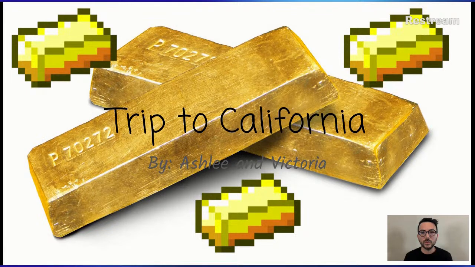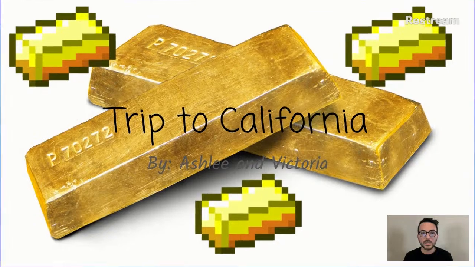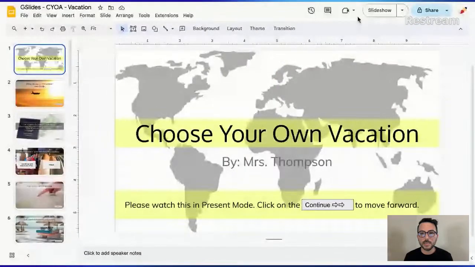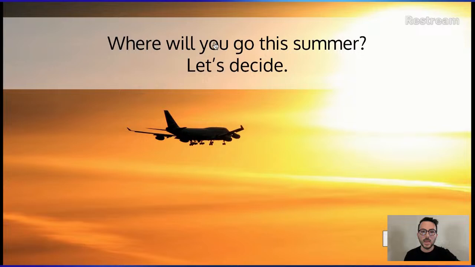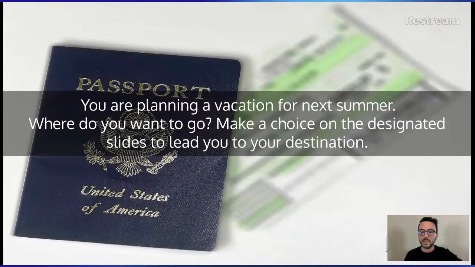I'm going to show you another one just as a quick example. Here is choose your own vacation. And instead of having the links on text, it has them on objects that look like buttons. So click on continue to move forward. I click there and it goes forward. Where will you go this summer? Let's decide. Click on continue. Are you planning a vacation?